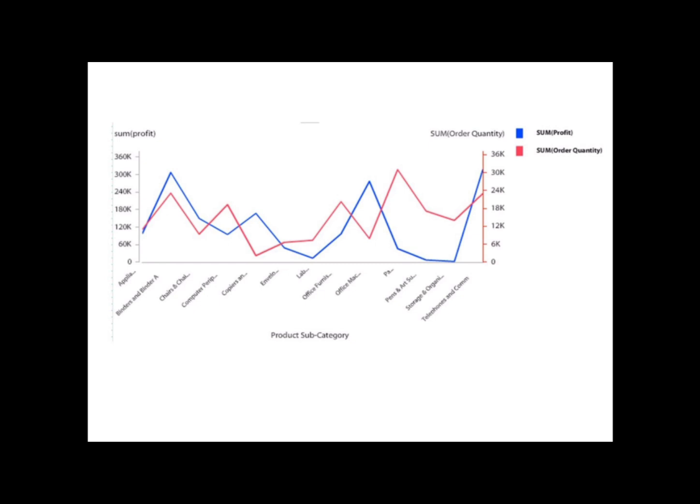It can be confusing for the user because they see this as a line graph, and they think that the units of measure are the same. So if your user isn't really savvy and doesn't understand that those two units of measure are different, it can be confusing.